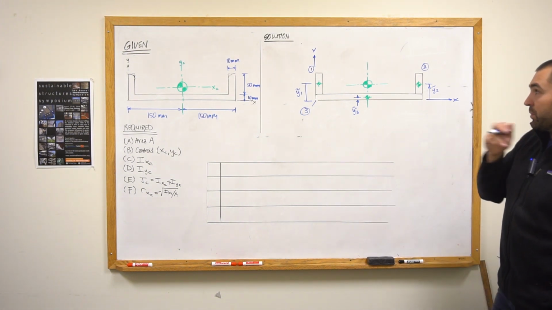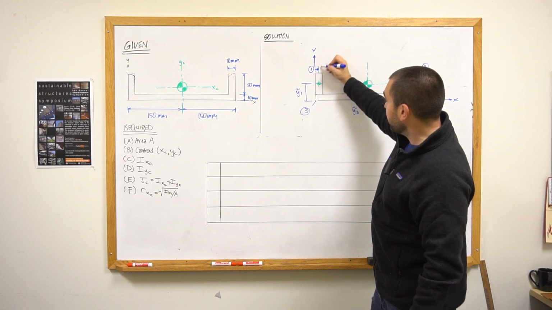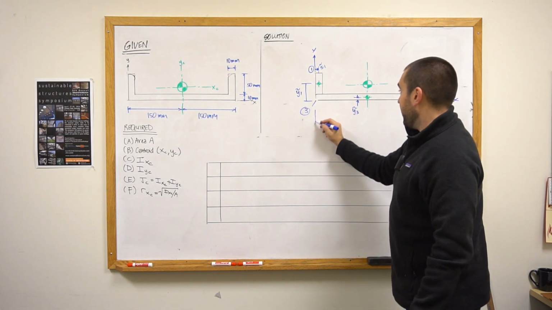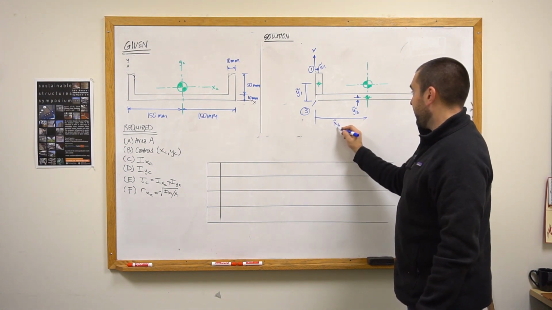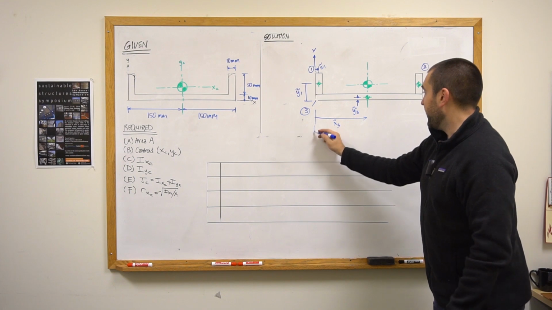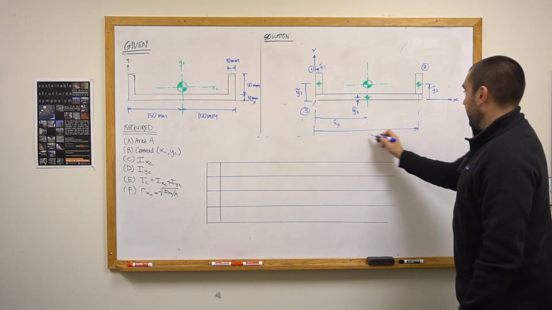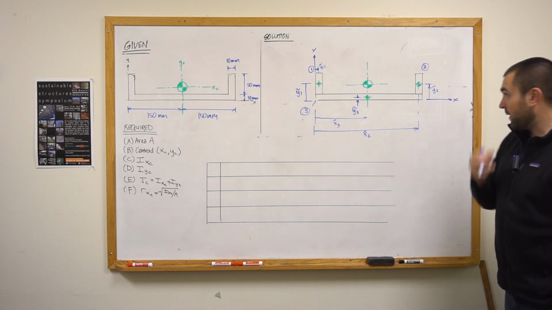I just want to have them shown schematically. And I'll do the same thing for the x's as well. So here's x tilde 1. This distance here will be x tilde 3. And then this distance way over here is going to be x tilde 2.